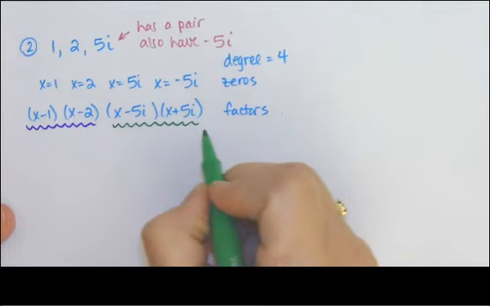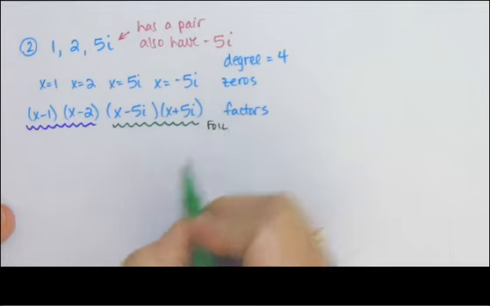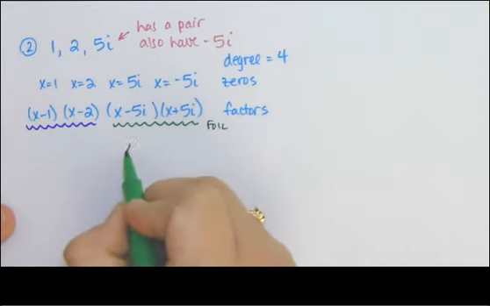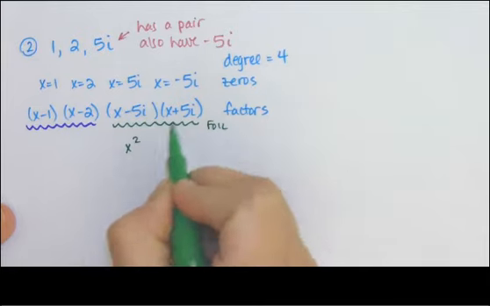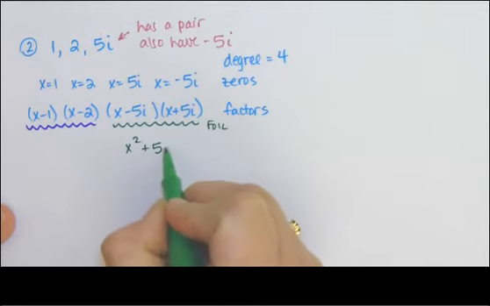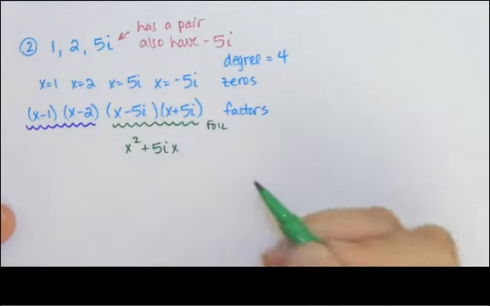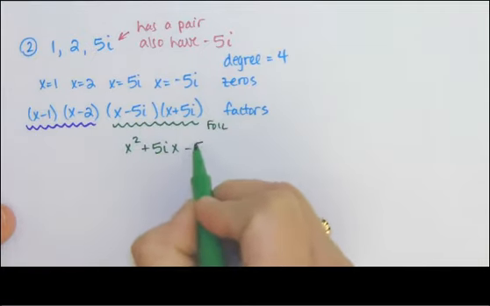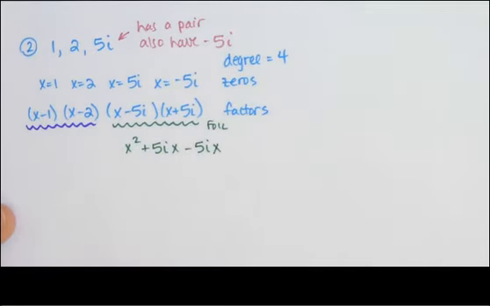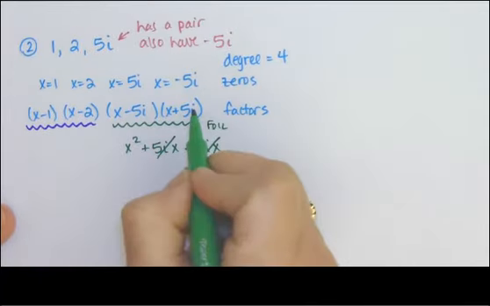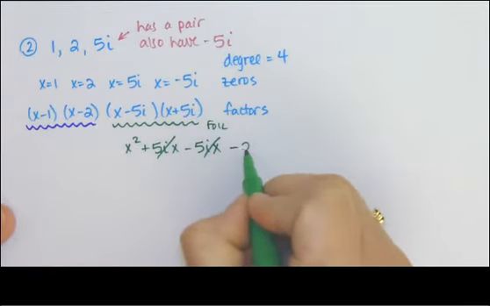When I foil this, you get x times x is x squared. The outsides give you plus 5ix. The insides give you minus 5ix. I know that looks pretty ugly, but notice that it does cancel out right away. Negative 5 times positive 5 is negative 25.